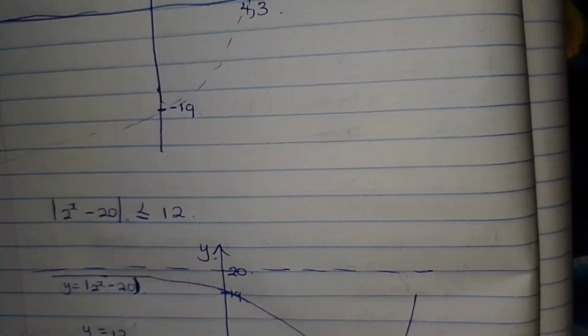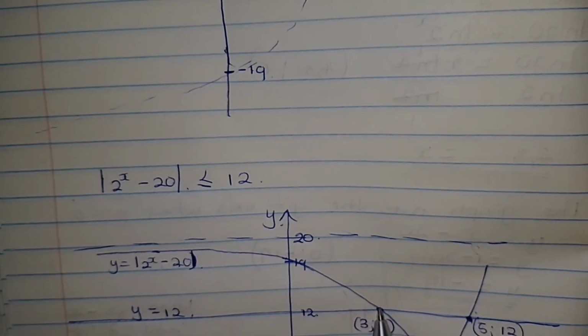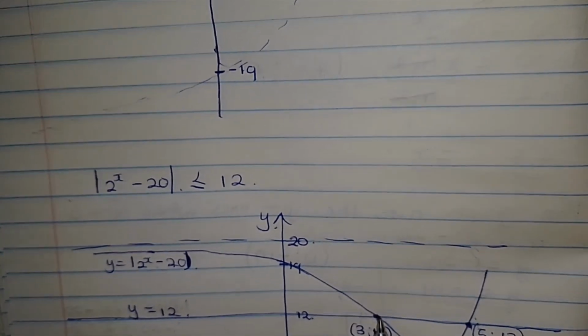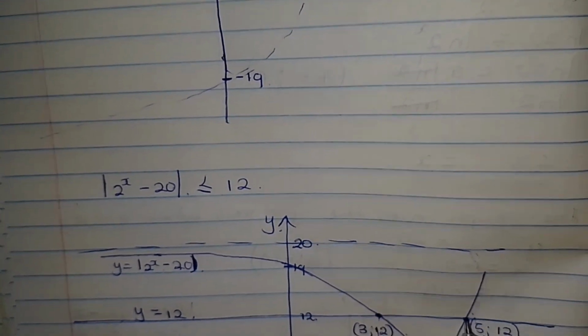So the solution there will be 3 is less than or equal to x less than or equal to 5.